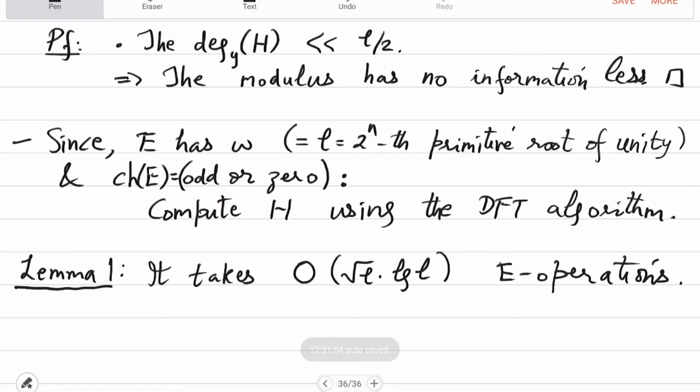That is what E operations actually means. So how many R operations? 4 root L log L? Yeah, so I think we can just multiply this by root L. Let me break it up more. Let me first talk about only DFT omega.